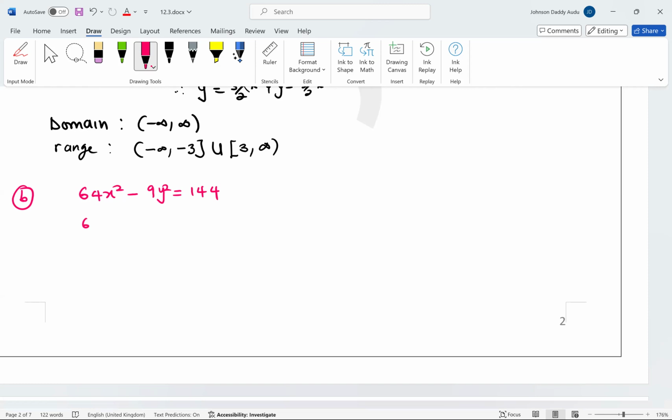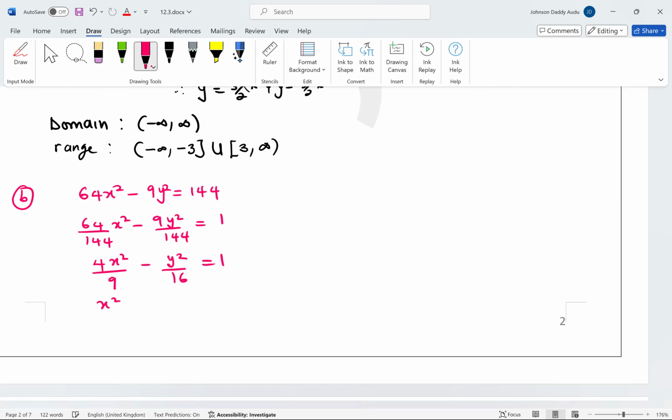And that will be 16 over 144 x squared minus 9y squared over 144 is equal to 1. And this is just going to be, we can divide by 16. So this is 4x squared over 9 minus, and the 9 also will go, y squared over 16, equals 1.